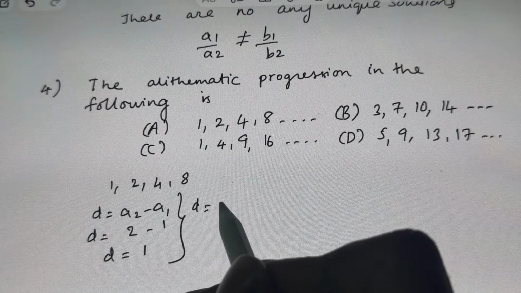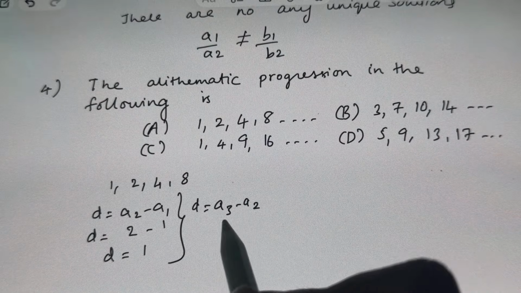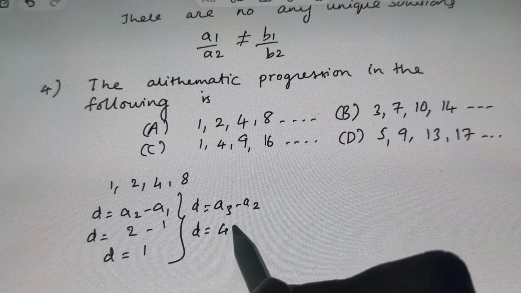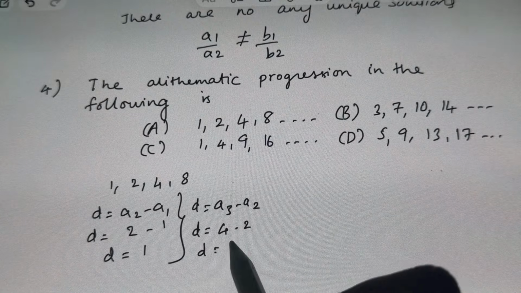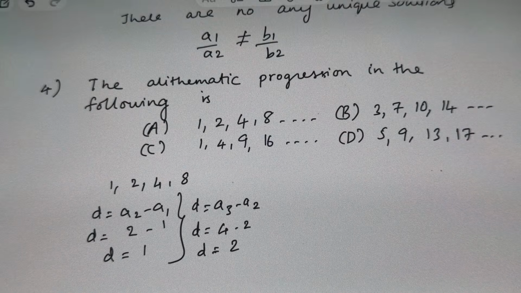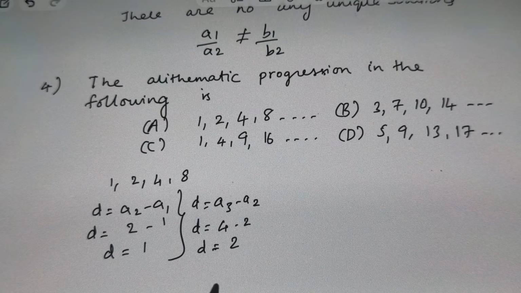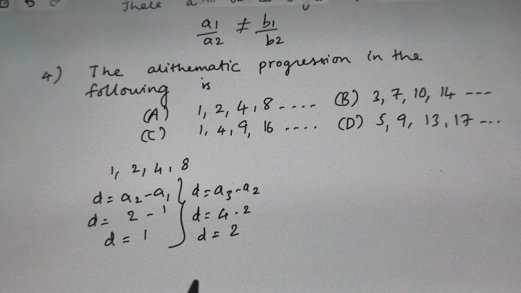D equals A3 minus A2, so D equals 4 minus 2, D equals 2. So the common difference is not the same, therefore it is not an AP.